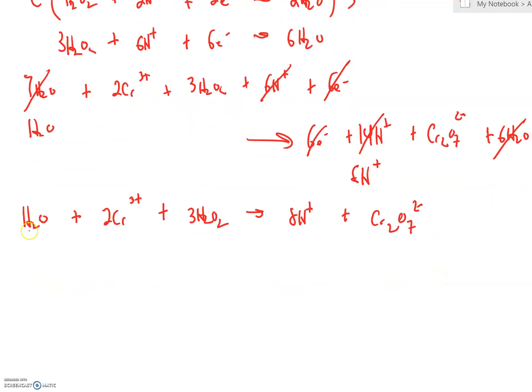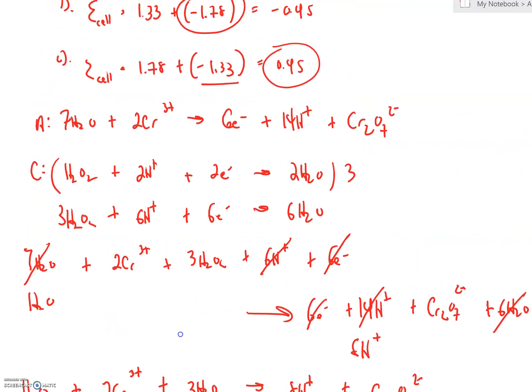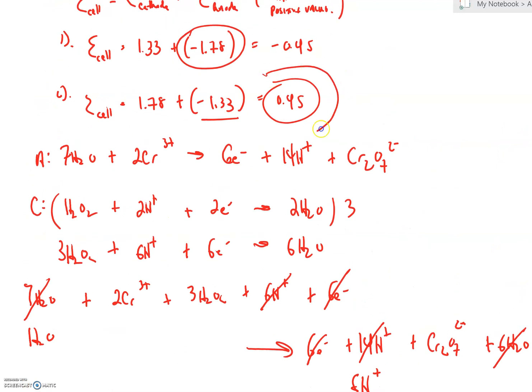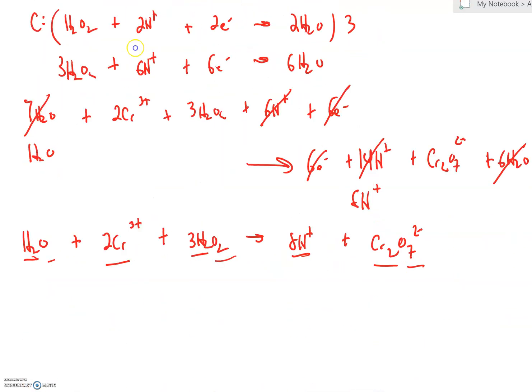So let's double check. We've got 8 hydrogens on this side, 8 hydrogens on this side, 2 chromiums, 7 oxygens, and 7 oxygens. So we're in good shape. So here is our balanced equation. We have calculated that our cell potential is 0.45.